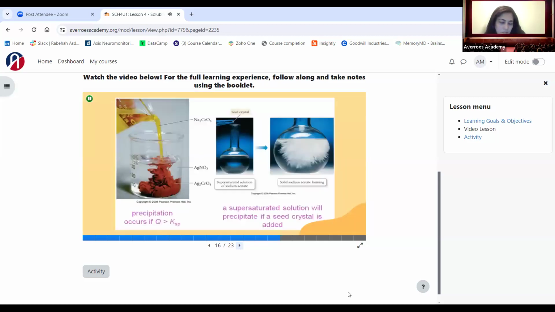So overall, precipitation will occur if your Q value is greater than your KSP value. And here's an example of your supersaturated solution. It will precipitate, in this case, when a seed crystal is added to the solution, and then you get the precipitate formed, right? Without that, if it's just sitting still and not being disturbed, it might not form a precipitate. But that is not the most common circumstance. If Q is greater than KSP, you will likely get a precipitate.